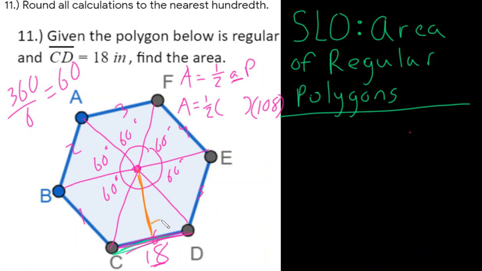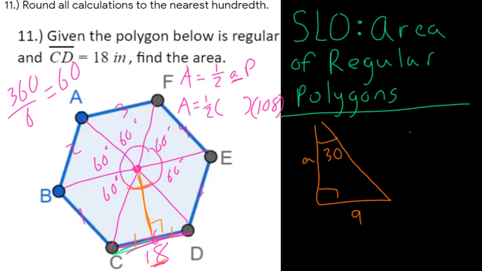And notice, what does the apothem do? It cuts everything in half. So if this whole angle originally was 60, well, when I go to draw my right triangle, I know that half of that will now have to be 30. And I know that half of 18 is 9. And now I actually have enough information to find my apothem.